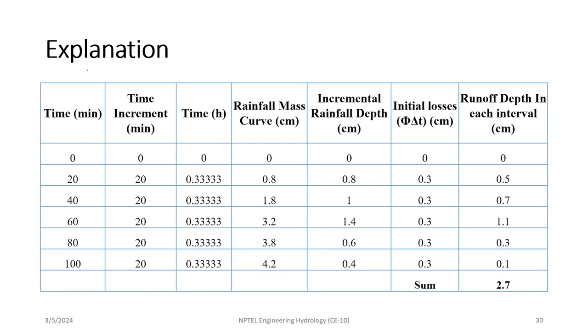This table represents the data that have already been given. The first column is data already given, and the fourth column is also our data.